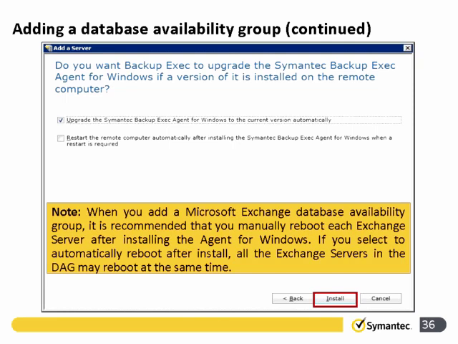If I'm pushing the agent out to several servers in a database availability group and they all reboot at the same time, you've effectively cut off your users' access to Exchange, which is probably not what you intended. So be sure that you untick the checkbox that says Restart and only restart those Exchange servers on their next maintenance cycle or in sequence rather than all at the same time.